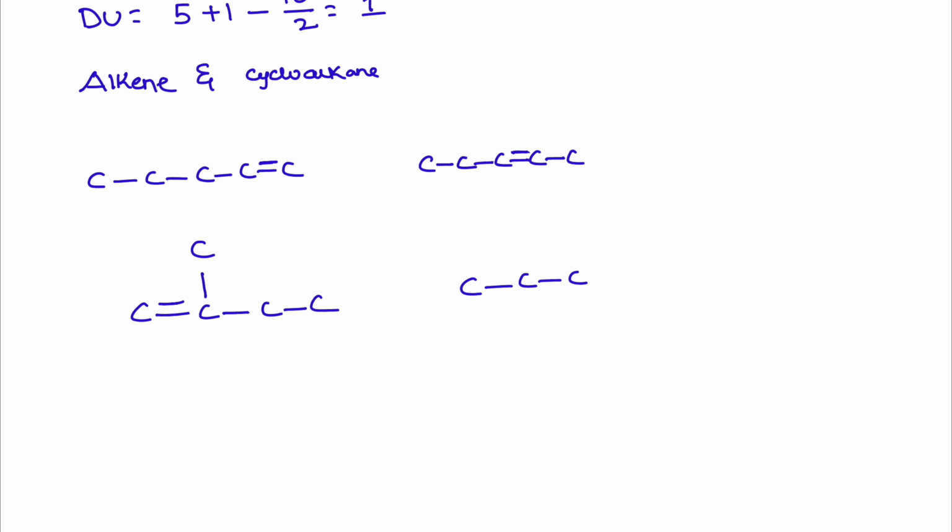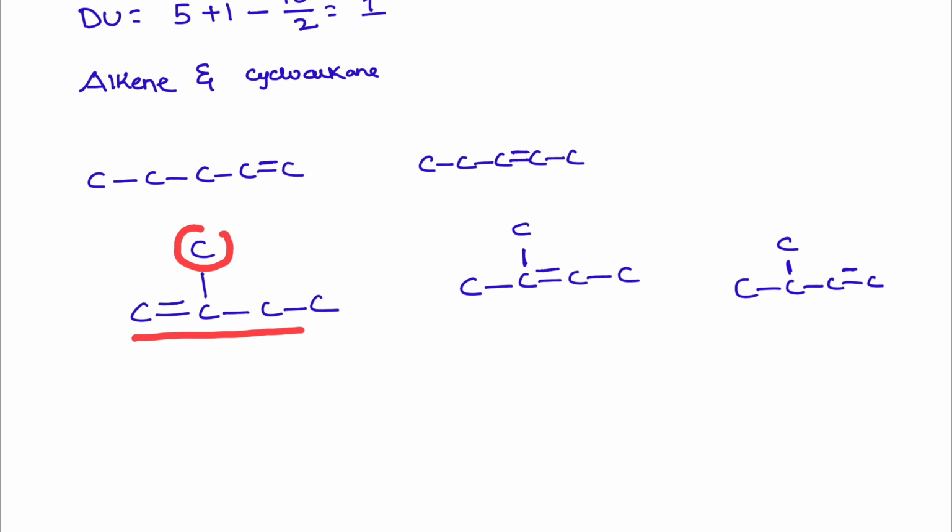Again I am taking a 4 carbon chain. I am shifting the position of the double bond. And here the substituent is like this. Again I am taking a 4 carbon chain. And here the substituent at this place, double bond at this place. So you can see numbering is from the left side.